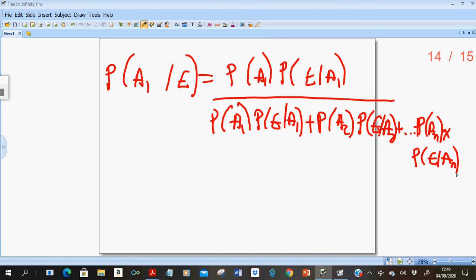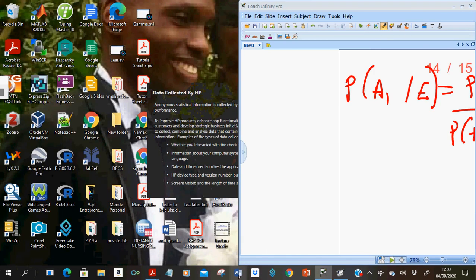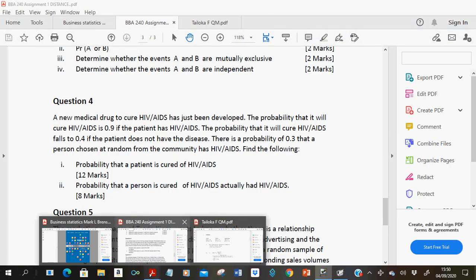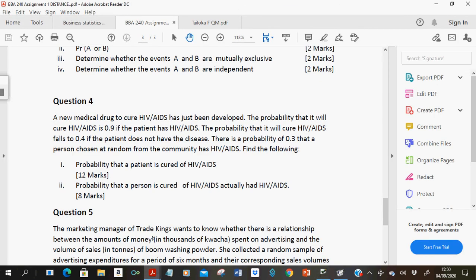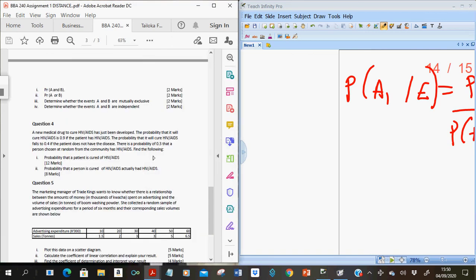Okay, so we're going to move to more examples. We're going to look at that example.